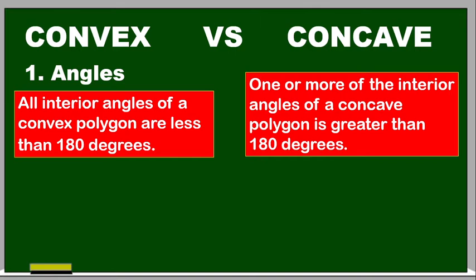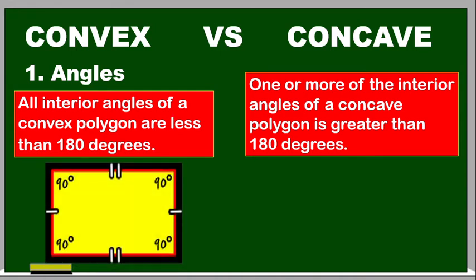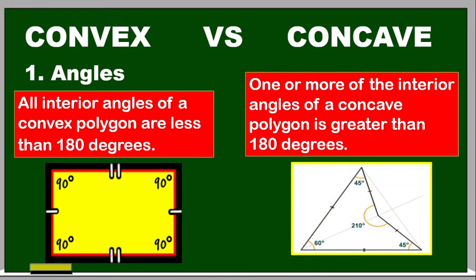Okay, so let's have an example of convex and concave regarding its angle. Okay, so we have here rectangle. All of the angles of rectangle are less than 180 degrees. So we have 90 degrees, 90 degrees, 90 degrees, and 90 degrees. Let's have concave. Okay, so based from the figure, how many segments do we have? 1, 2, 3, 4.